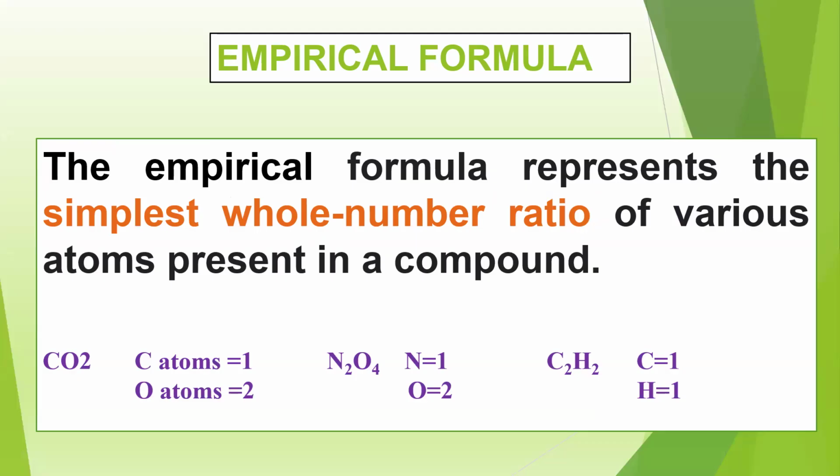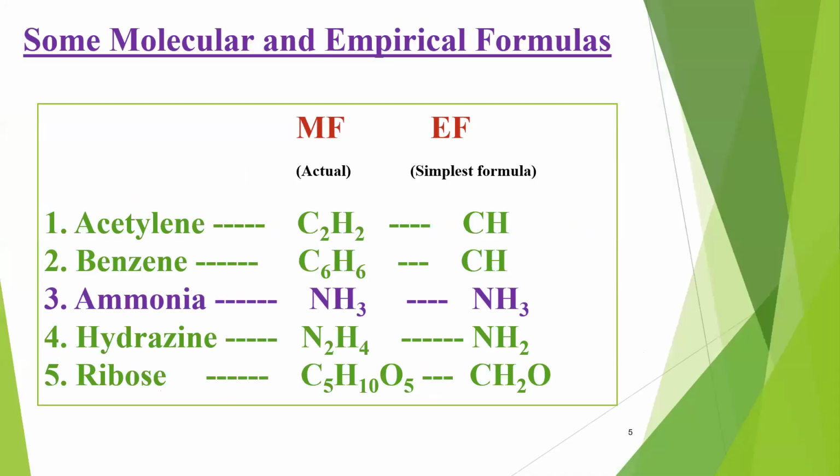Suppose you take carbon dioxide, 1 is to 2, 1 carbon and 2 oxygen atoms. Suppose it is N2O4, then 1 is to 2, that is simplest. Then acetylene, you take 1 is to 1. This is the empirical formula. I gave some examples: acetylene, benzene, ammonia.